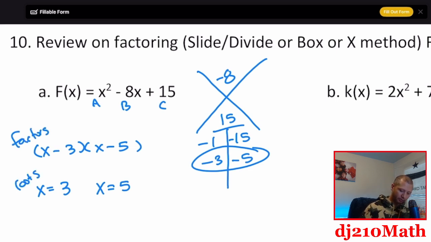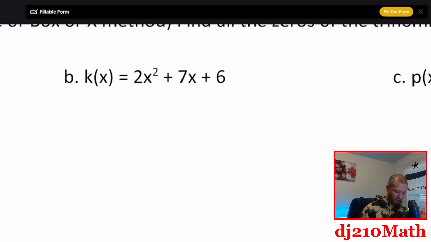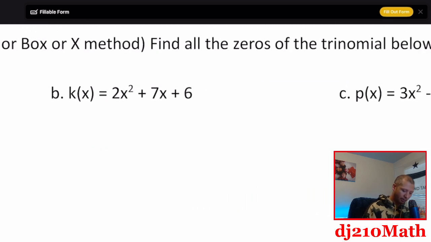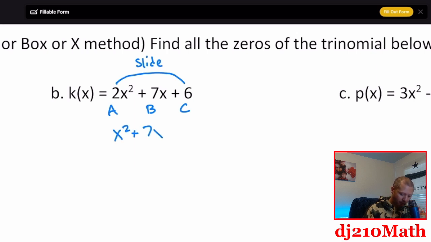All right, let's try another one. Okay, this one's a little bit more involved because A, B, and C. A is different from 1. A is not 1. So now, this is the slide and divide method, right? Here's the slide part. So 2 times 6. That rewrites the problem into 6 times 2, which is 12.